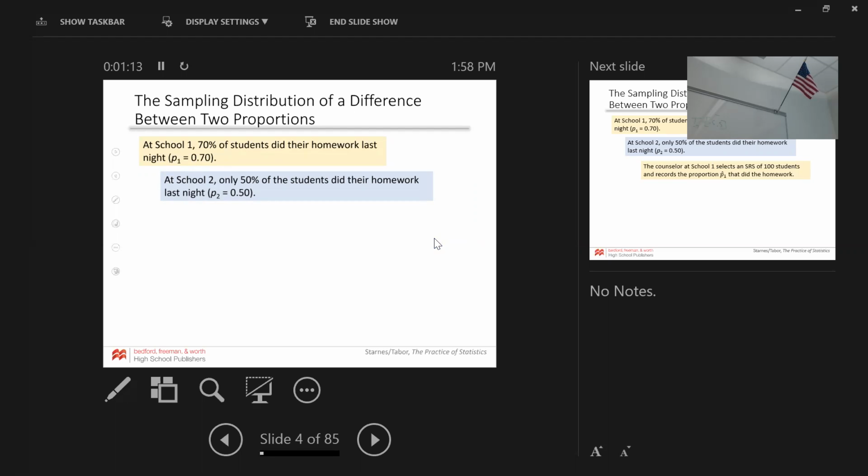And you want to build this confidence interval for the difference of the two proportions. So what would be the center of it? 20% or negative 20%. Doesn't matter. You can put negative 20%. You can do school two, take away school one, and the whole graph just got symmetrically reflected. You're going to get the same answer.